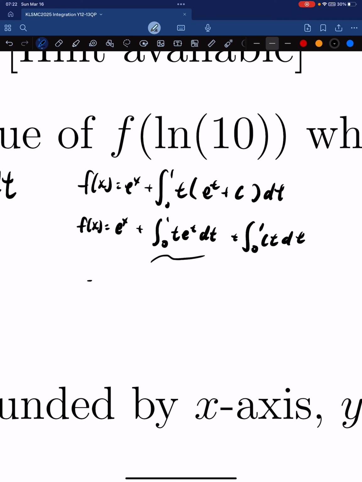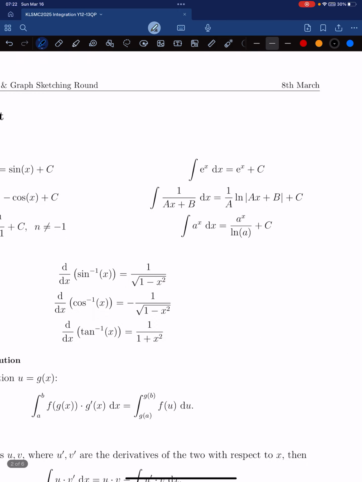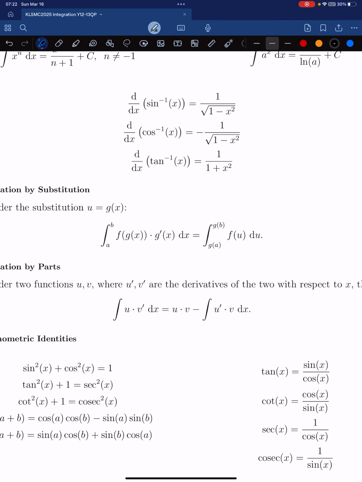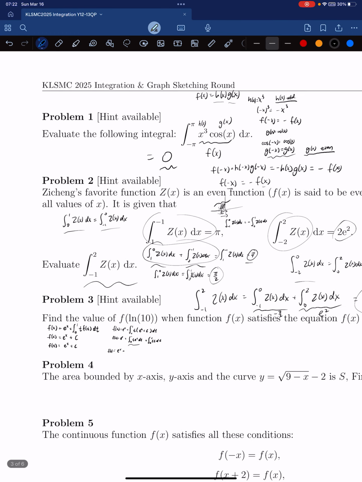So our f of x will be equal to e to the power of x plus, and recall the formula for integration by parts. Yup, we're going to use this identity.